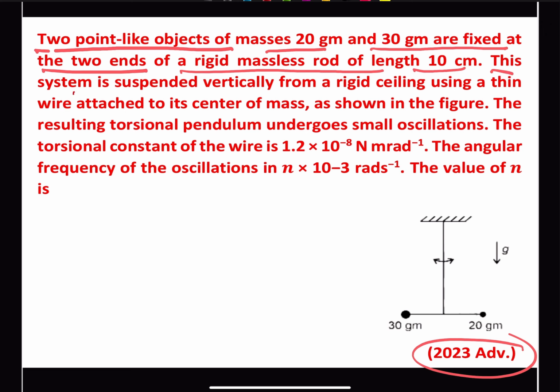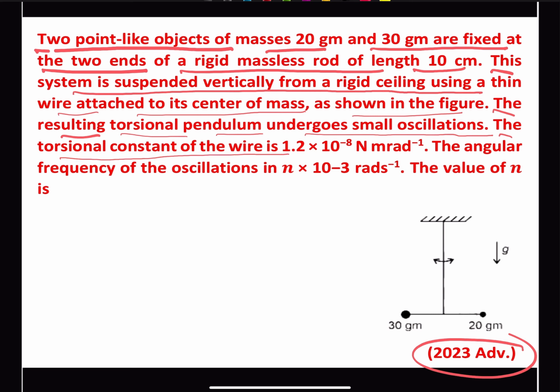This system is suspended vertically from a rigid ceiling using a thin wire attached to its center of mass as shown in the figure. The resulting torsional pendulum undergoes small oscillations. The torsional constant of the wire is 1.2 times 10⁻⁸ Newton meter per radian. The angular frequency of oscillation is n times 10⁻³ radian per second.